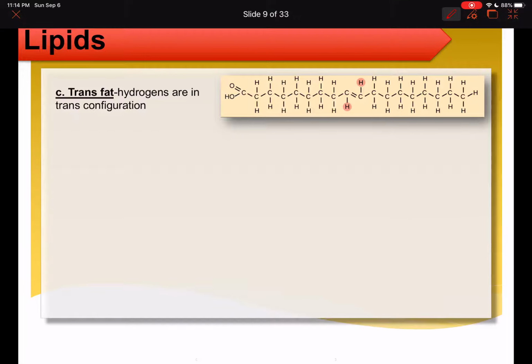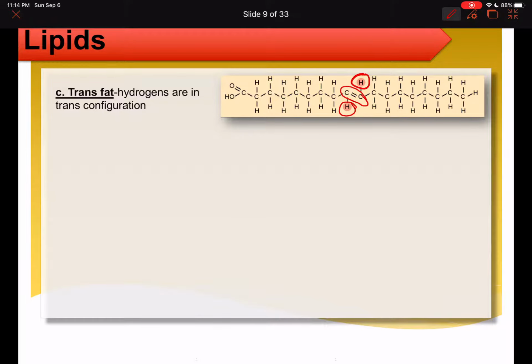And trans conformation is the other geometric isomer we talked about in the last chapter, where the hydrogens are on opposite sides of the carbon double bond. Okay, so you have your carbon-carbon double bond right there in the hydrocarbon chain, and then you have the hydrogen on this side, and then the other hydrogen on the other side.